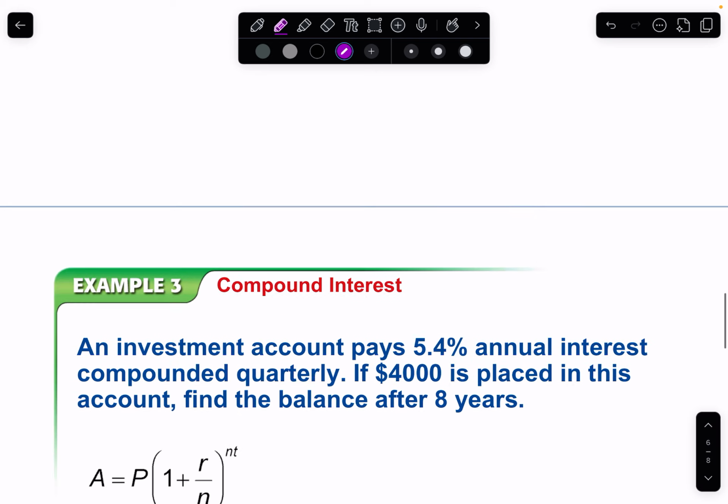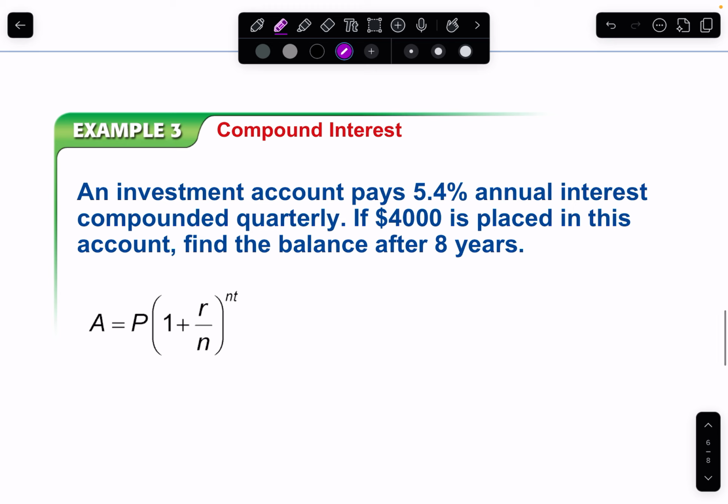Okay. So looking at an example with this, it says an investment account pays 5.4% annual interest that is compounded quarterly. If $4,000 is placed in this account, find the balance after 8 years. So plugging into my formula, I'm trying to find the amount after 8 years.